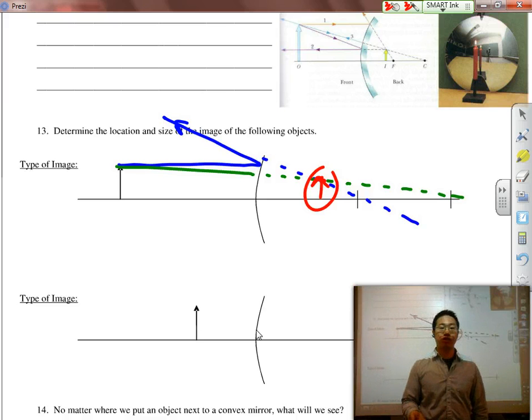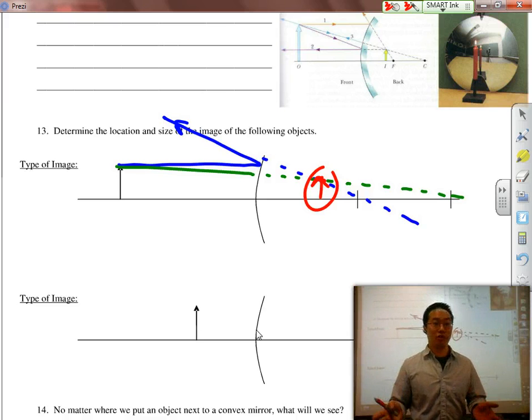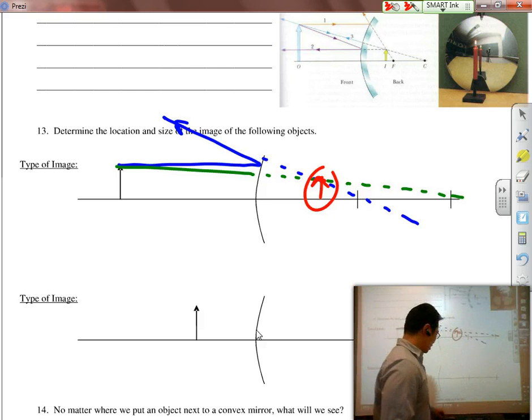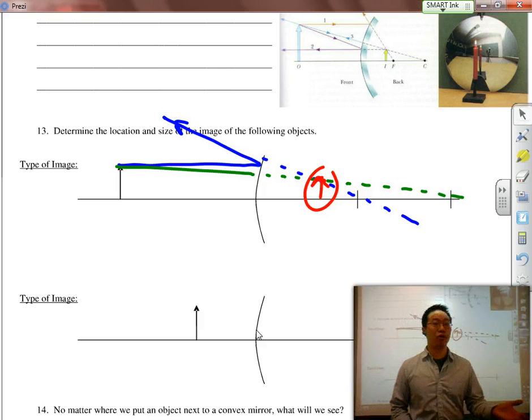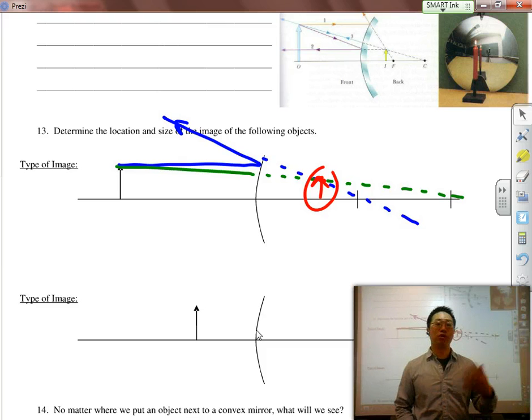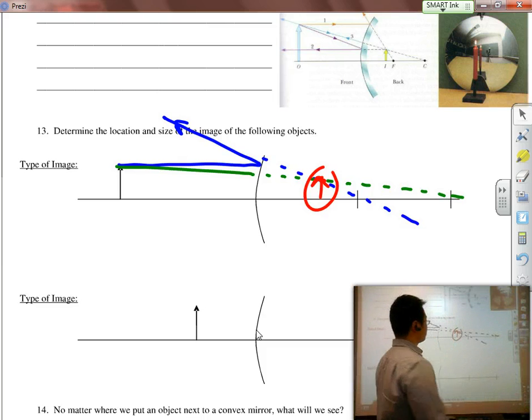There's no location you can draw where you have no image, like with a concave mirror. A convex mirror will always produce a virtual smaller image. Concave mirrors can produce virtual or real, and a concave mirror can produce a virtual larger image, while a convex mirror will produce a virtual smaller image.